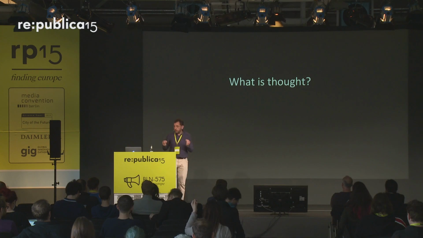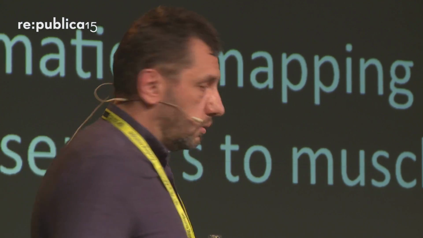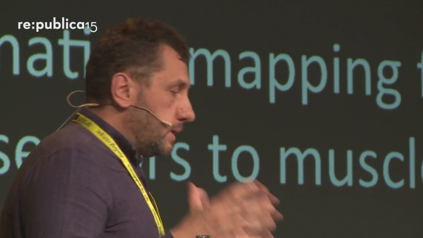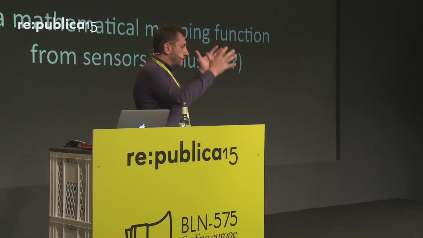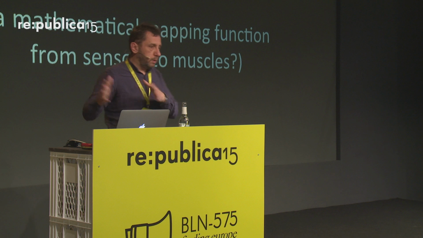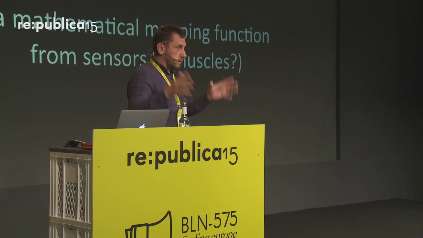Now, this has implications. What is a thought? What does it mean to think? The traditional theory of what it means to think basically makes thinking equivalent to mathematical mapping functions. So you have some set A, set B, and a mapping between A and B, from sensors to muscles.